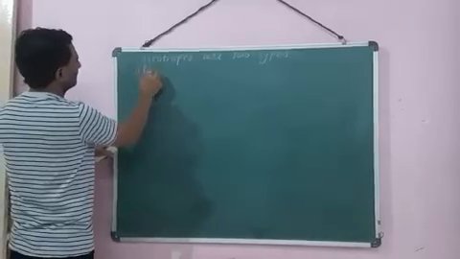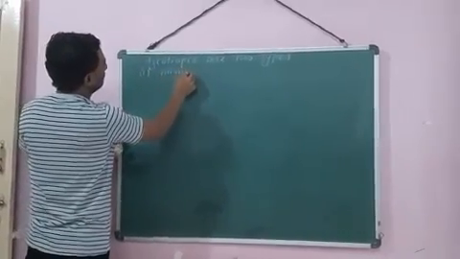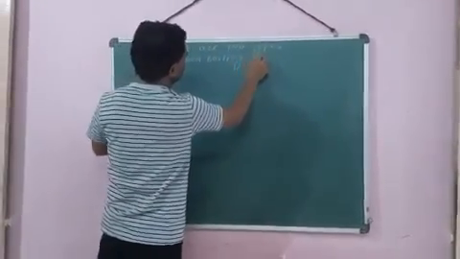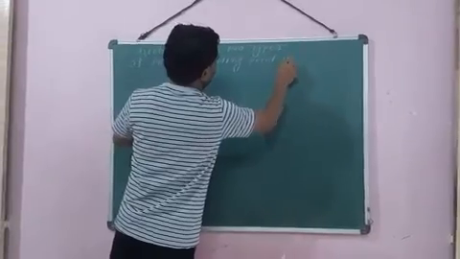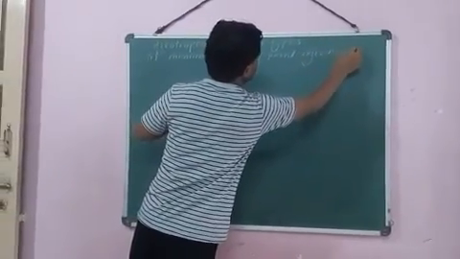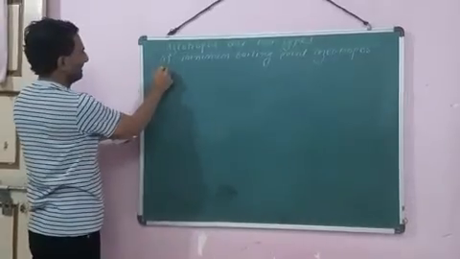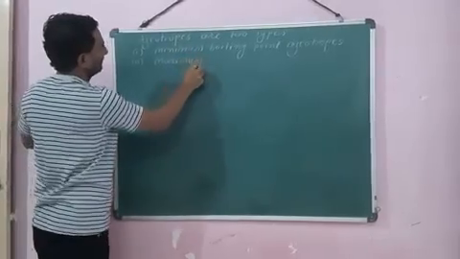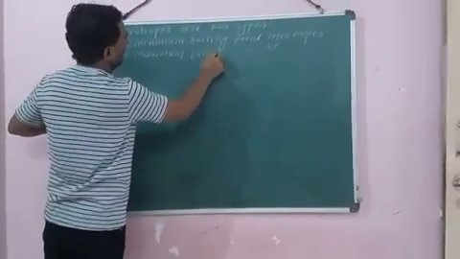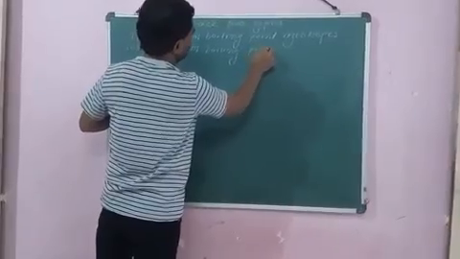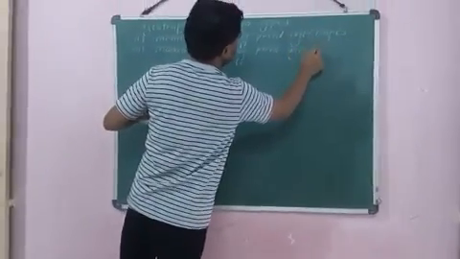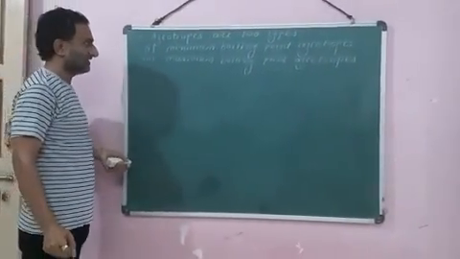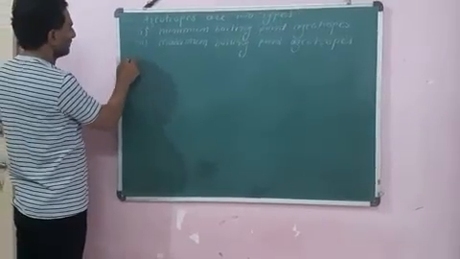Type number one is the minimum boiling point azeotropes, and the second one is the maximum boiling point azeotropes. Before discussing the two types of azeotropes, let us first discuss the definition of azeotrope.